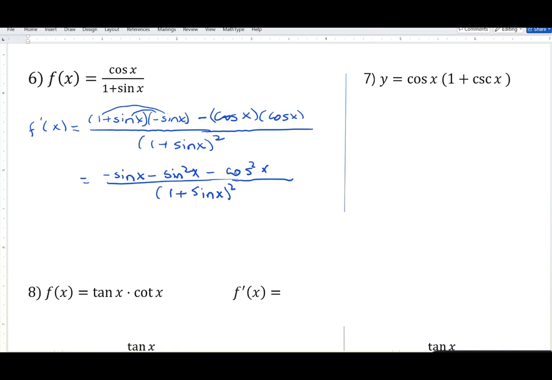So that basically becomes negative 1. So here we have negative sine x minus 1. The rule that we're using there is negative sine square x minus cosine square x equals negative 1, because I can factor negative 1 out of both of them and I'm left with this, and the inside part is 1, so you get negative 1. And the bottom is the quantity 1 plus sine x squared.